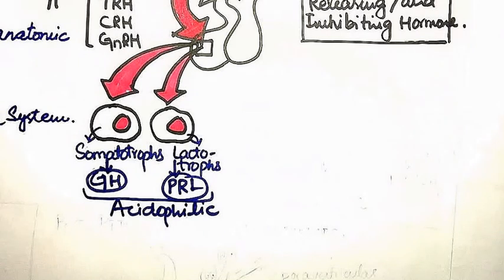Somatotrophs are activated by growth hormone releasing hormone, or inhibited by growth hormone inhibiting hormone, and this causes the somatotrophs to release growth hormone. Similarly, the lactotrophs release prolactin. When lactotrophs are inhibited by prolactin inhibiting hormone, the prolactin will not be released. Both of these cells are acidophilic in nature.